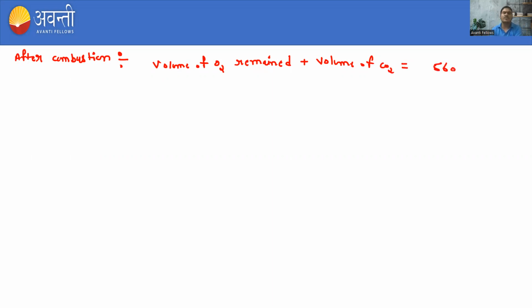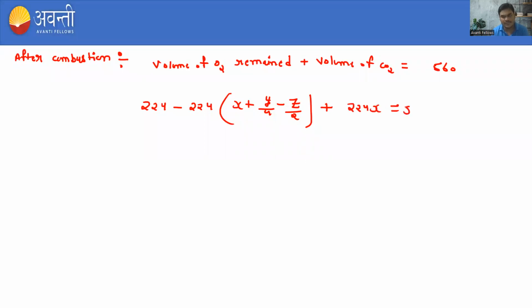Okay. So how will you write this? The volume of O2 remained means 224 minus 224 into mole, that is X plus Y by 4 minus Z by 2, right? Plus 224x is equal to 560. So let us consider this as equation number 1.